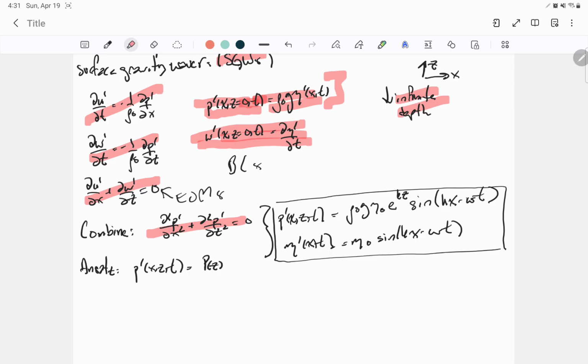And we wrote an ansatz for this that I forgot to write here, that p of x, z, and t was equal to a wave component. So this is a traveling wave in the x direction, multiplied by a structure function. So we have a traveling wave and a structure function.